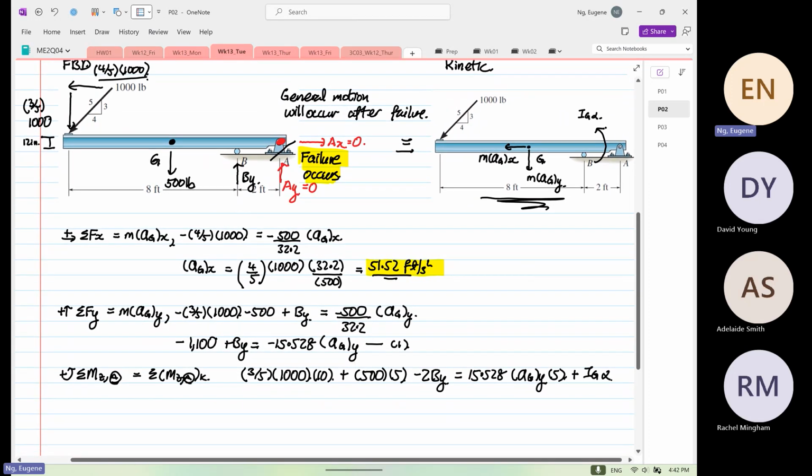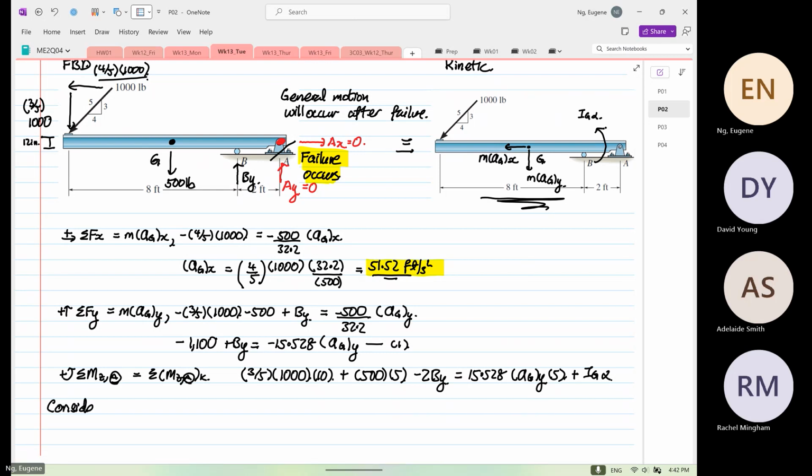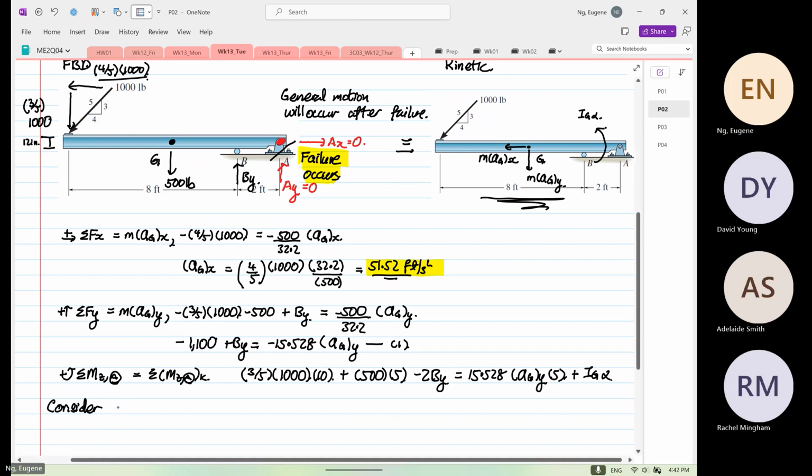So now let's consider when the height of the beam is 2 inches.